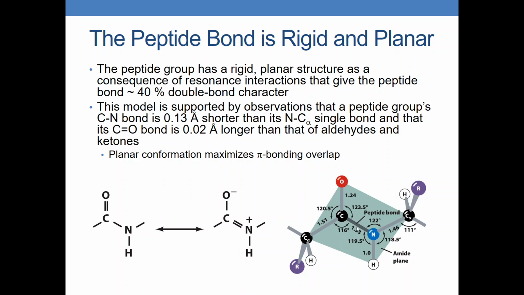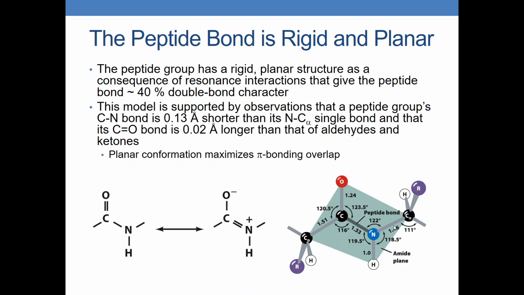However, there are two other covalent bonds that we have to think about too. We have this C-alpha carbonyl carbon covalent bond and the C-alpha nitrogen bond on the next C-alpha position.